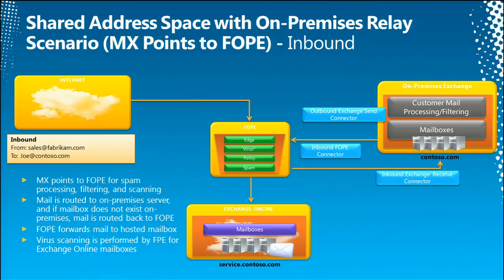That's correct. Any type of IP-based whitelisting requires FOPI admin. So Exchange Online still has safe senders and block senders, end user block senders, safe senders, tenant controlled safe senders, block senders. So we still have the ability to do that even if you're an Office 365 small business customer.